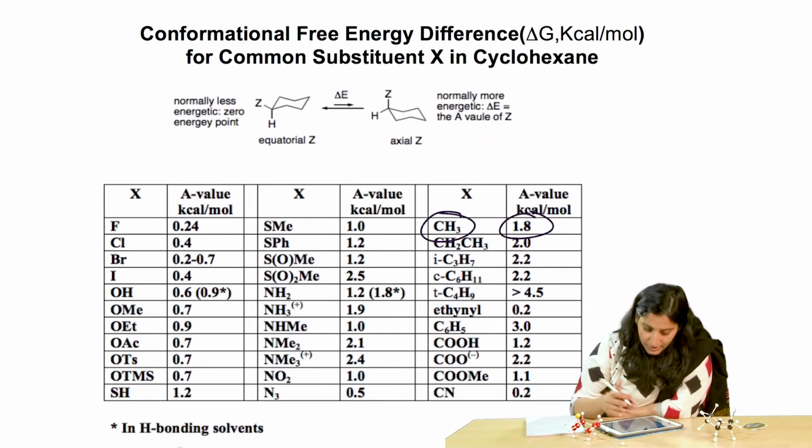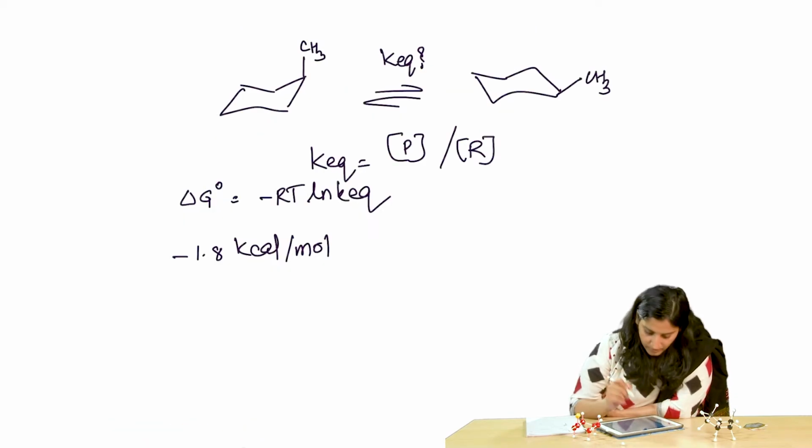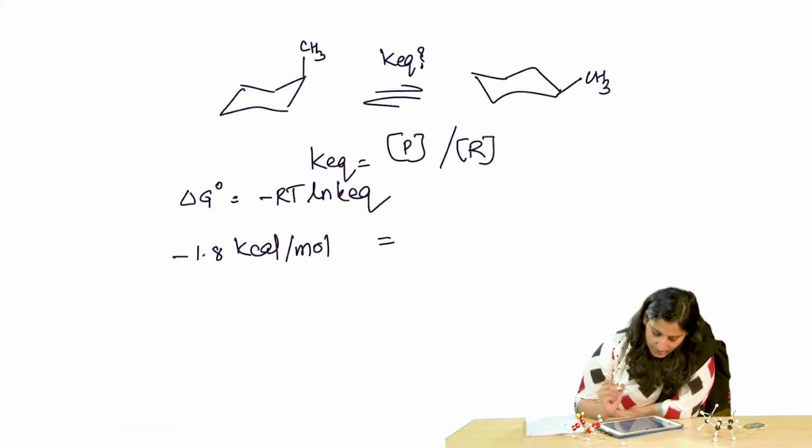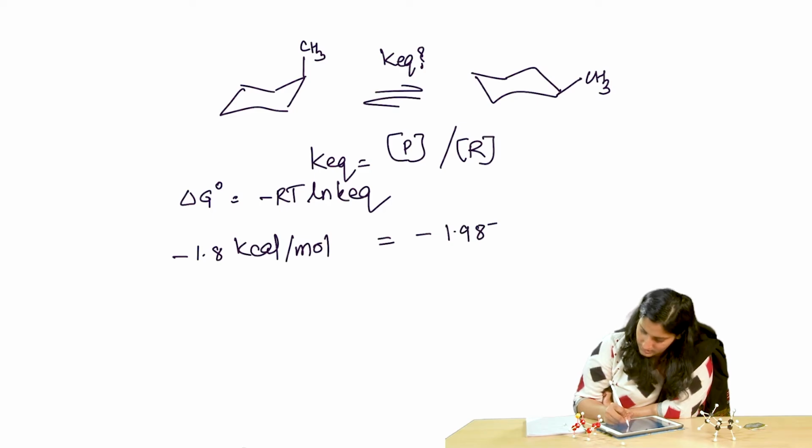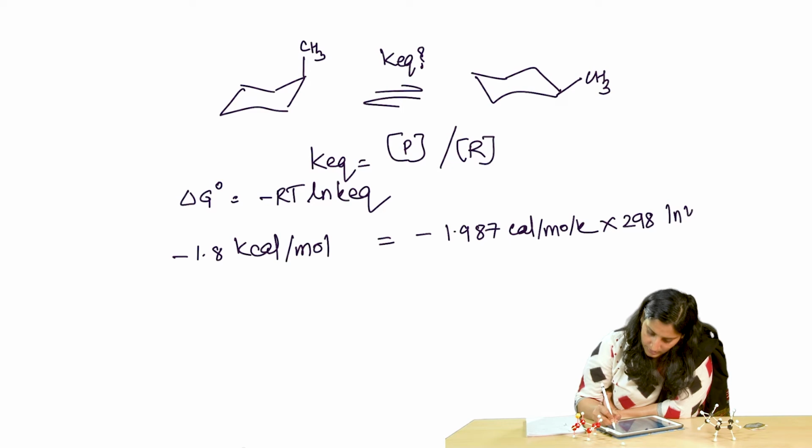If you look at this table, it talks about going from an equatorial to axial position. Now, minus 1.8 kilocalories per mole is equal to minus R, whose value in kilocalories is 1.987 calories per mole per Kelvin, times temperature, 298, ln KEQ.